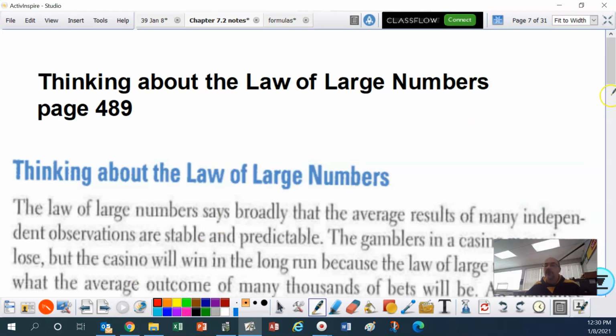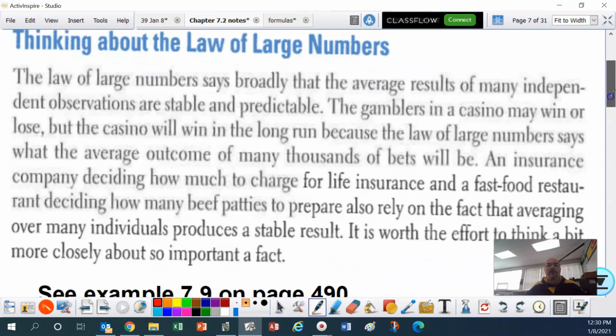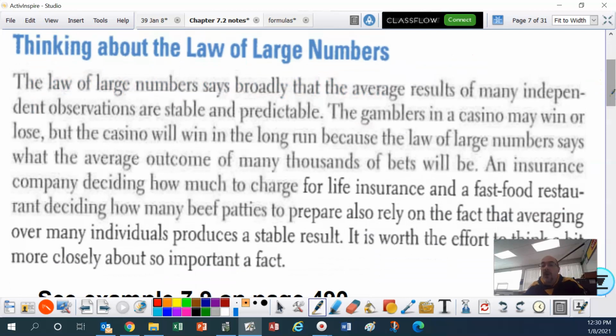Think about the law of large numbers, page 489. The law of large numbers says broadly that the average results of many independent observations are stable and predictable. The gamblers in a casino may win or lose, but the casino will win in the long run because the law of large numbers says what the average outcome of many thousands of bets will be.